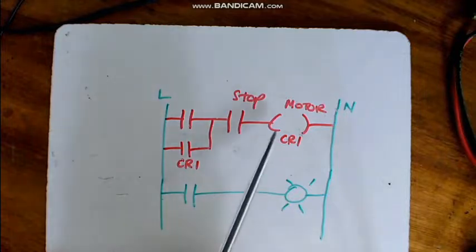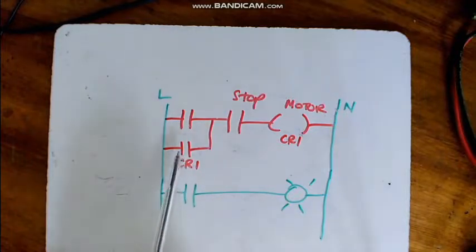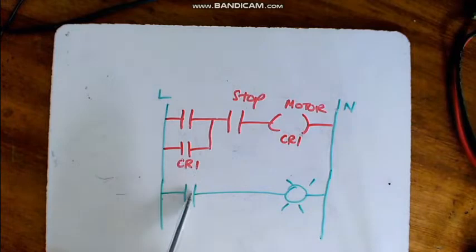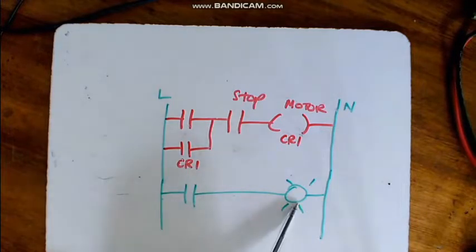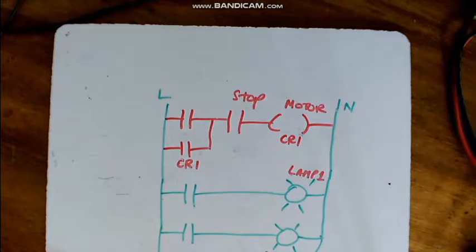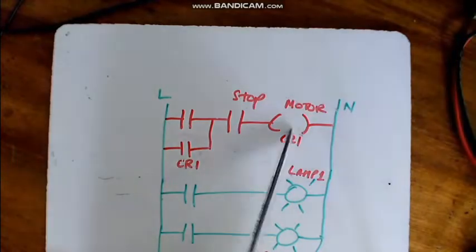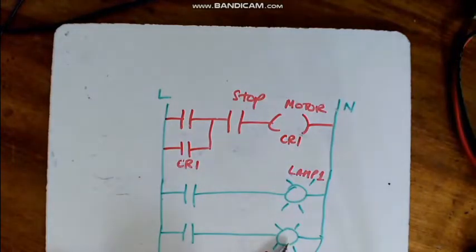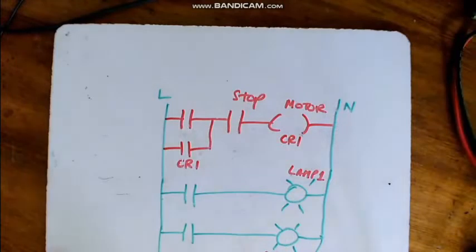So when the motor is running, this will be closed, this will be open, that light will not be on. But you can have a second light. Right, so if you have a second light, that would mean that maybe this one and this one will be the same, so that when the motor is running, this lamp is on. So this switch and this switch have to be opposite.